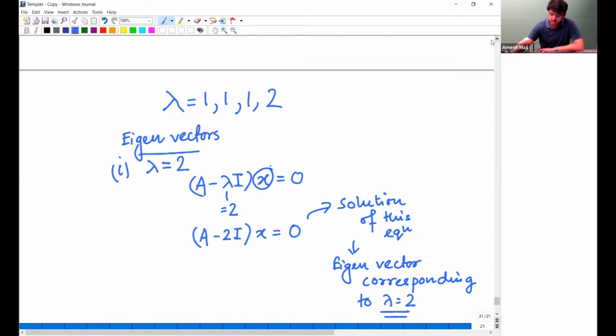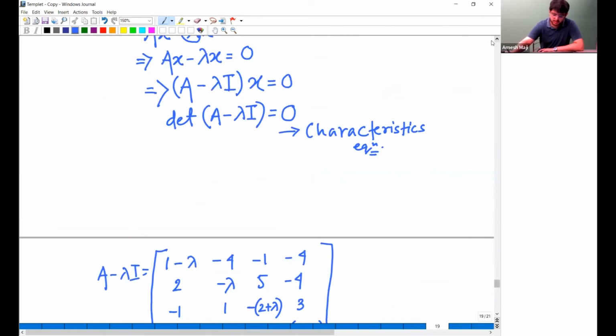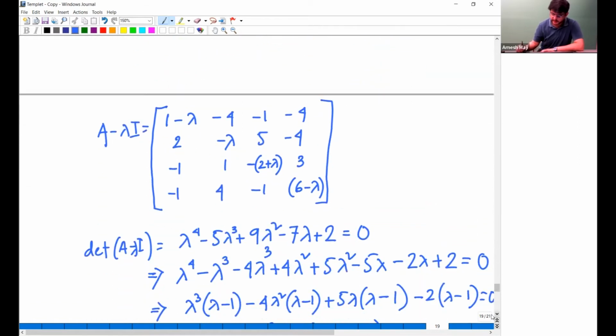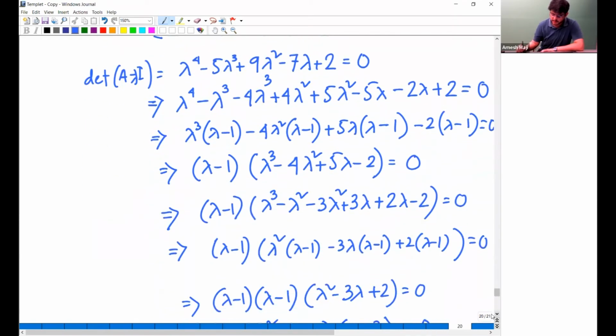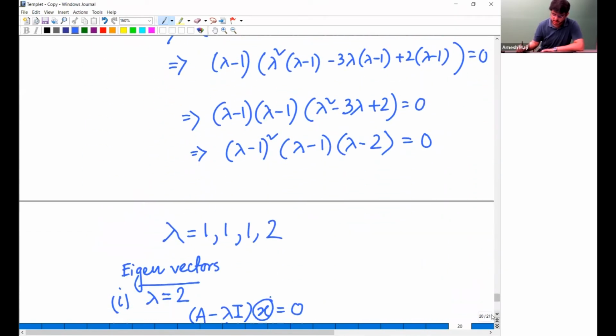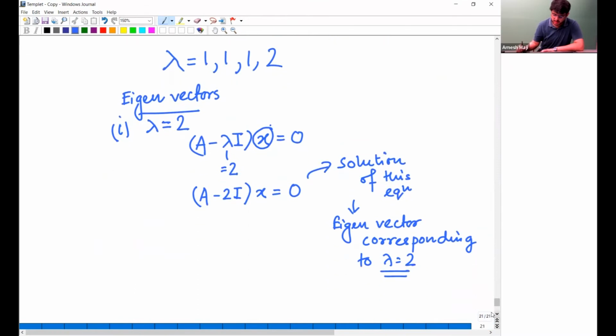So for eigenvalues, we solved the equation determinant of A minus lambda I equal to 0. And for eigenvectors, we will solve this equation. This is a linear equation where we have to find the value of x.